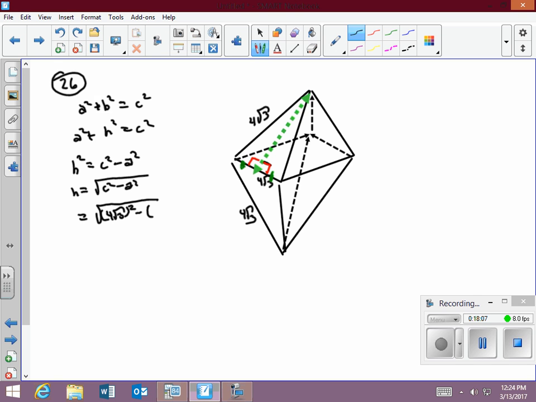Each one of those, like A, is going to be 1/2 of 4 square root of 3. So that's 2 square root of 3, squared.